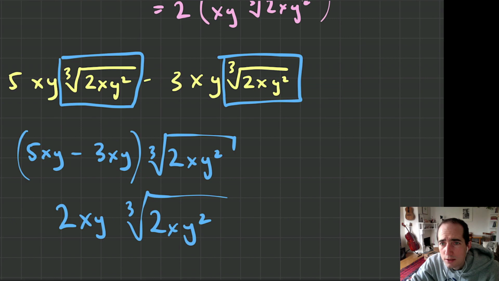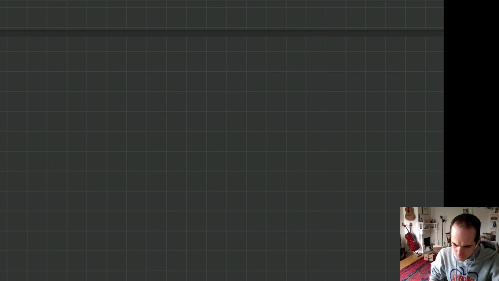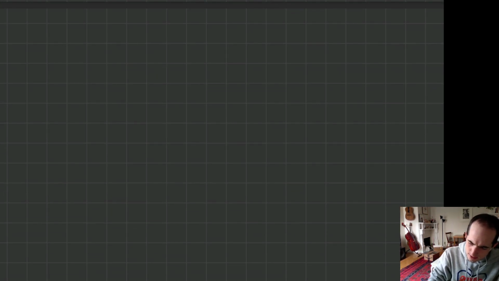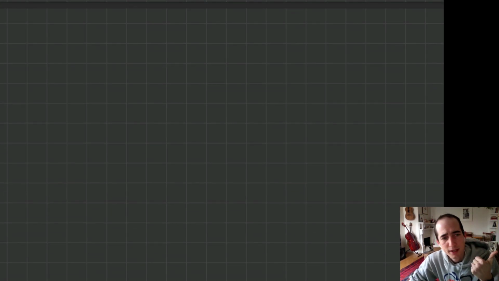What I'd like us to do right now is talk about multiplying and dividing radicals. So let me just pull up some examples. Okay, so we've done simplifying radicals. That's kind of what we started out with. We've done adding and subtracting radicals. Now I want us to do multiplying and dividing radicals.